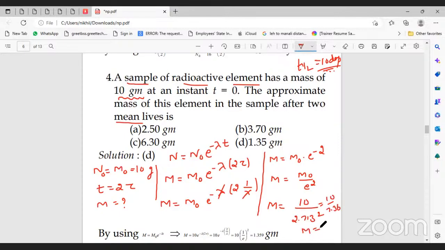Then if you calculate 10 divided by 7.36, you are going to get 1.358 or 1.35 grams. So after two mean lives, the mass remaining in the sample is 1.35 gram. That is option D.